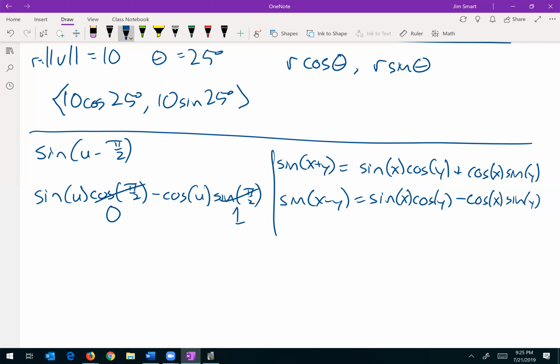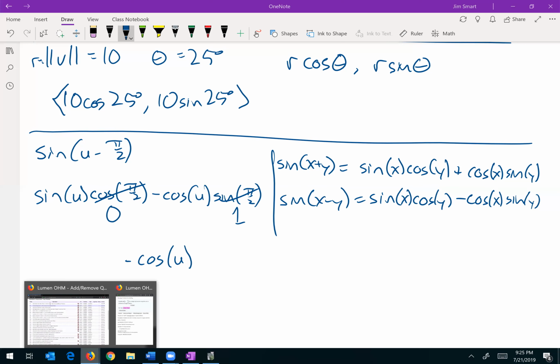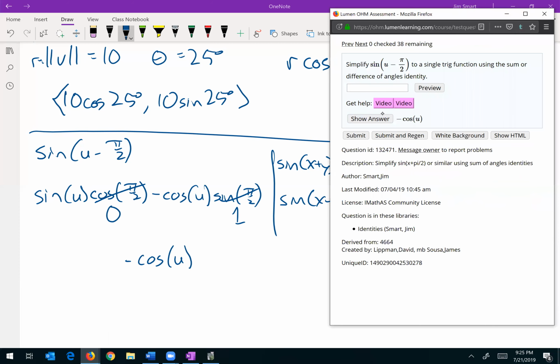So the first term is 0, and the second term is negative cosine of u times 1. So it's just negative cosine of u is the answer. So if we go back here, show answer, negative cosine of u. That's okay, but it looks like at least you're understanding what I'm doing. So that's good.